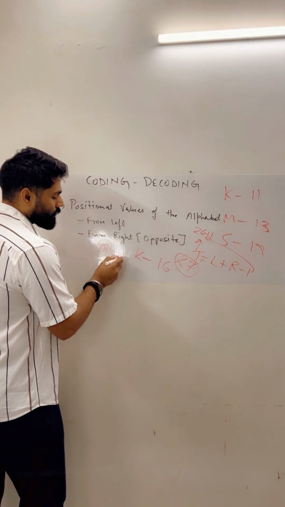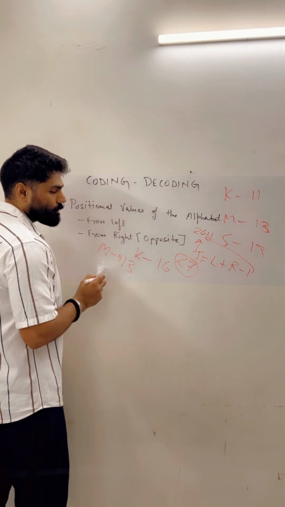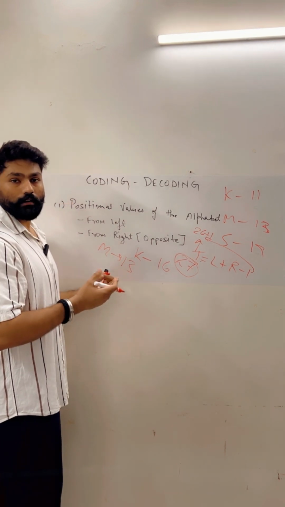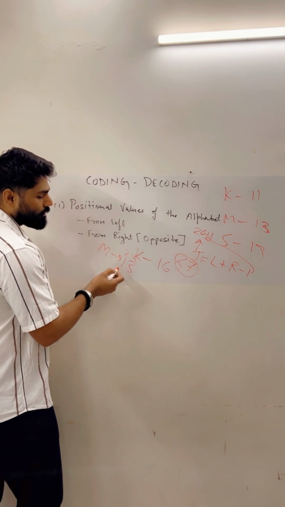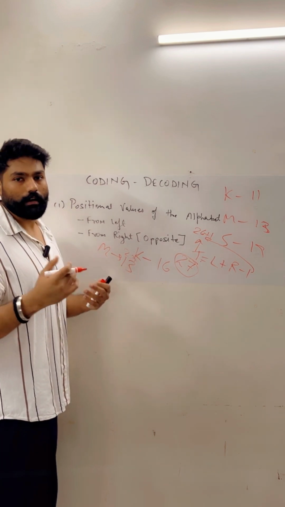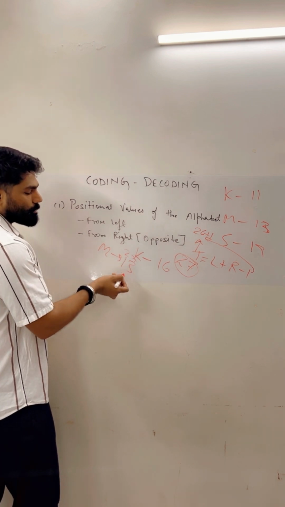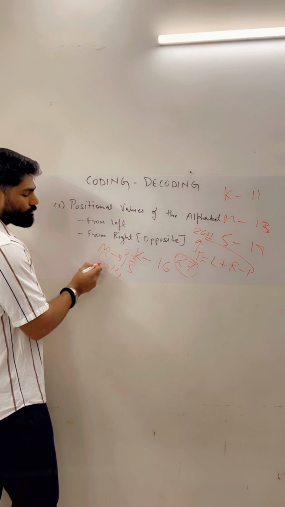For M, its positional value from the left is 13. But from the opposite side, you just subtract it from 27. You don't have to write it, I'm just writing this so that you understand. It's 14. So from the opposite side, M's positional value is 14.